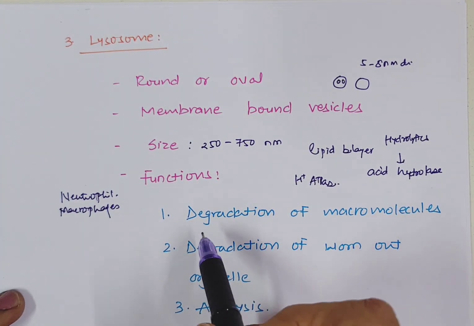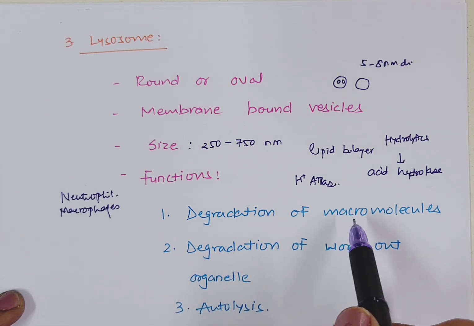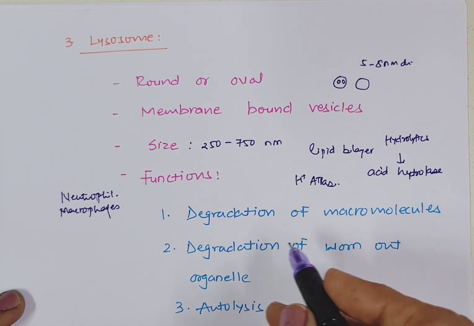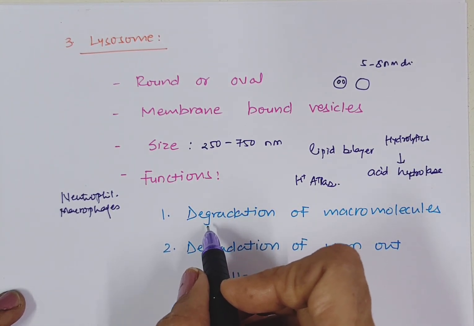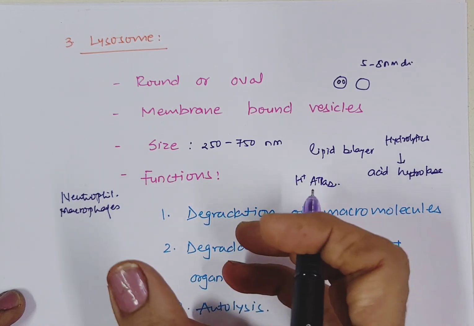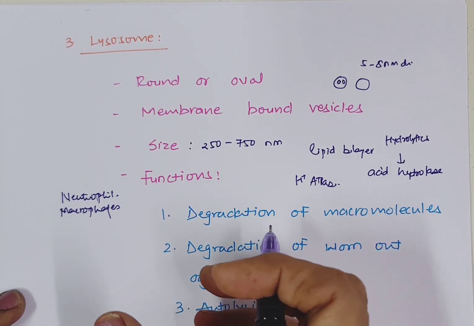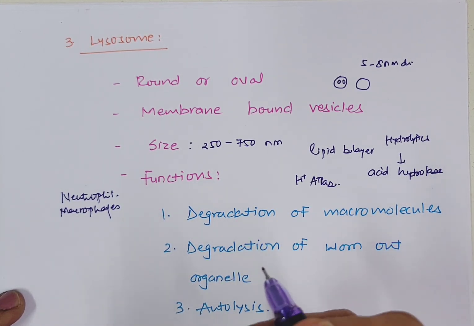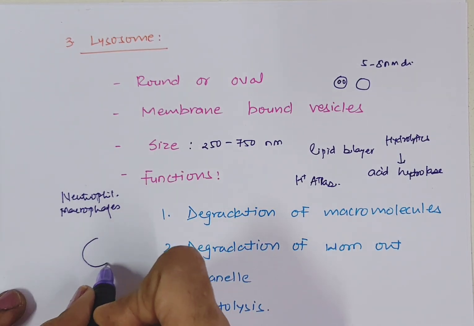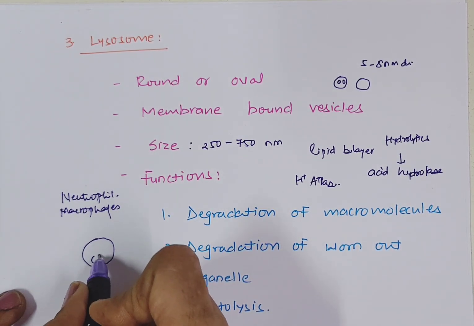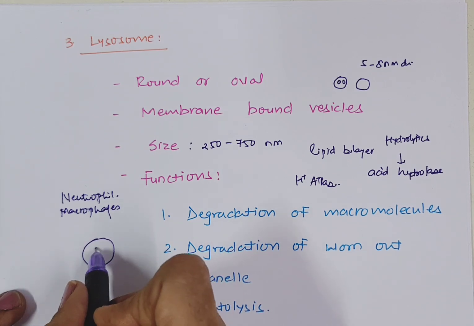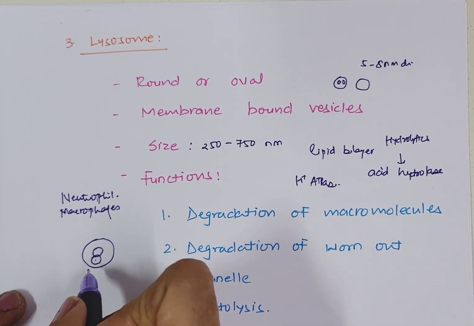Number one, they cause degradation of macromolecules, large molecules. First, they are engulfed by the cell. The cell causes phagocytosis of that molecule, by endocytosis. Suppose this is the macromolecule which enters inside the cell. Now the lysosome fuses with this macromolecule.